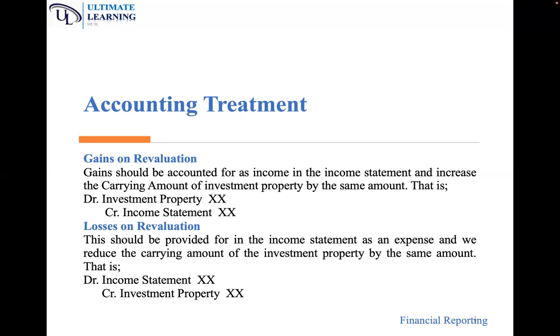That is when you debit revaluation surplus, you debit income statement, and you credit investment property. Otherwise, the accounting treatment of IAS 40 is you debit investment property and credit income statement in case of a gain. Remember, income statement is credited when there is an income gain. So under losses, you debit income statement and you credit investment property.